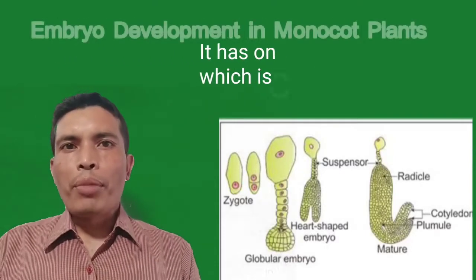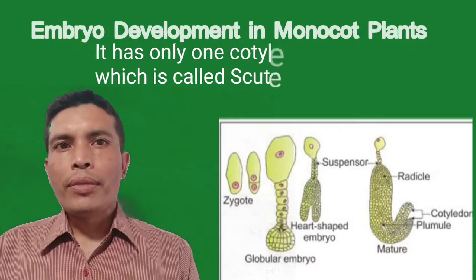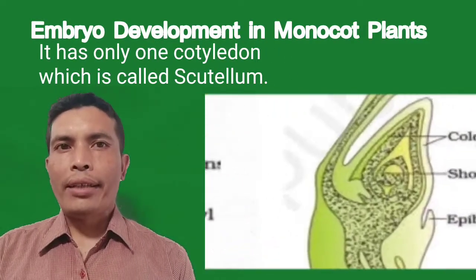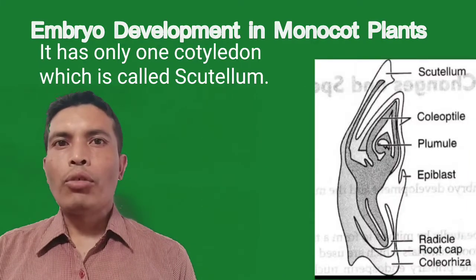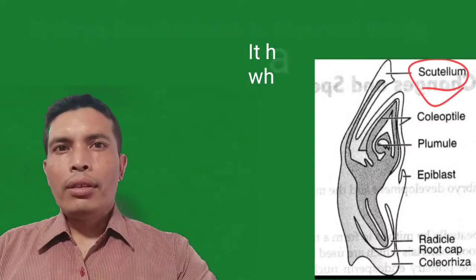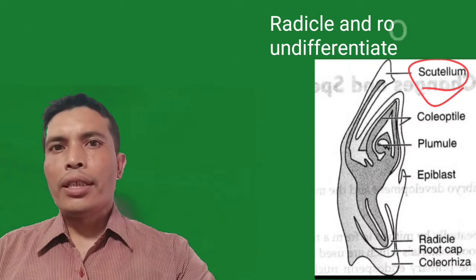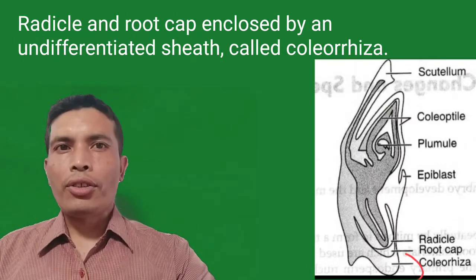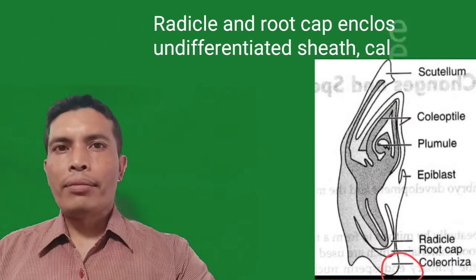So let us see how the embryo develops in monocot plants. The embryo of a monocot possesses only one cotyledon at one end, and the cotyledon is called scutellum. At the lower end, the embryonal axis has a radicle and the root cap enclosed in an undifferentiated sheath called coleorhiza.